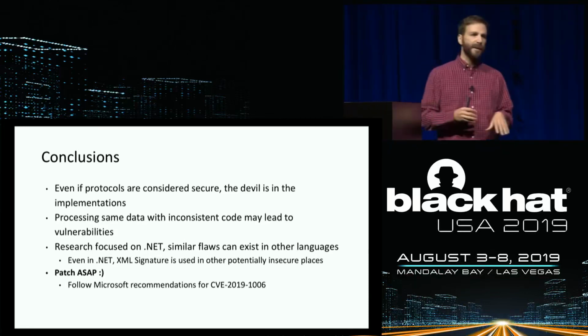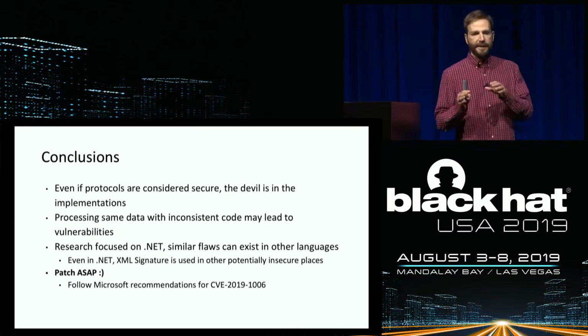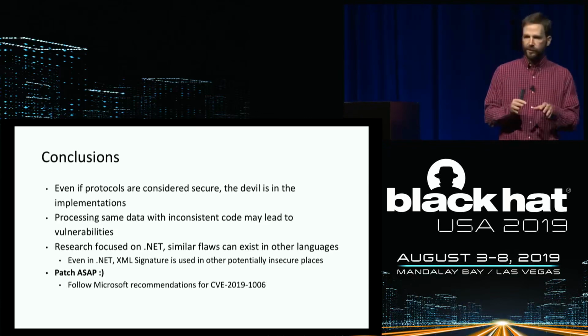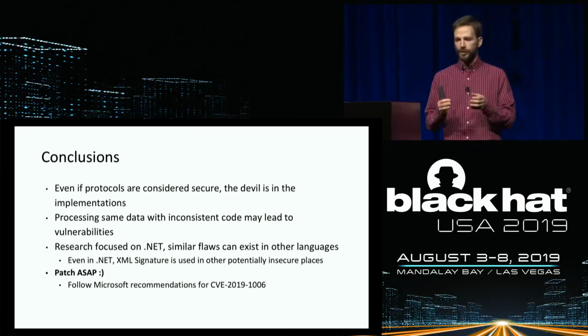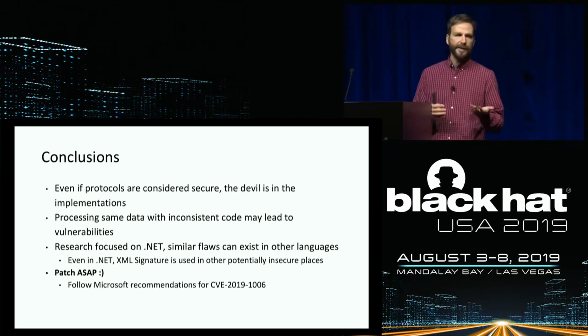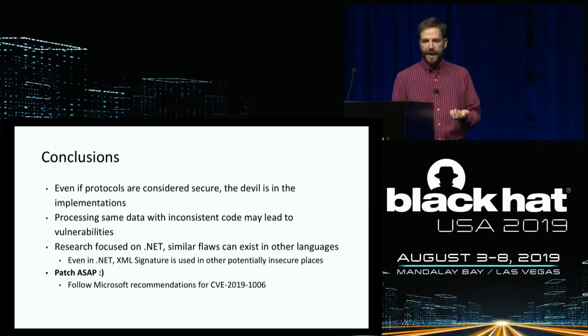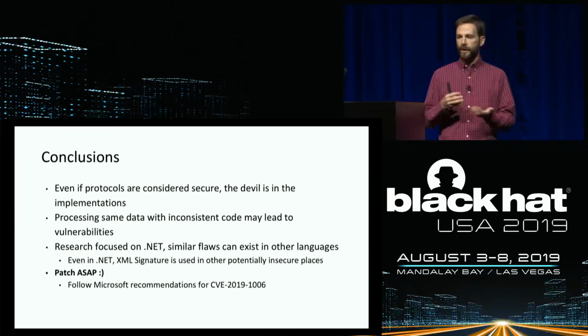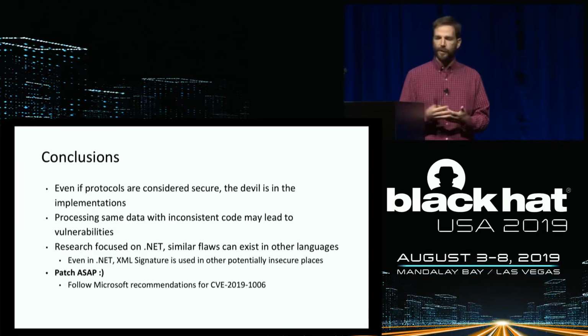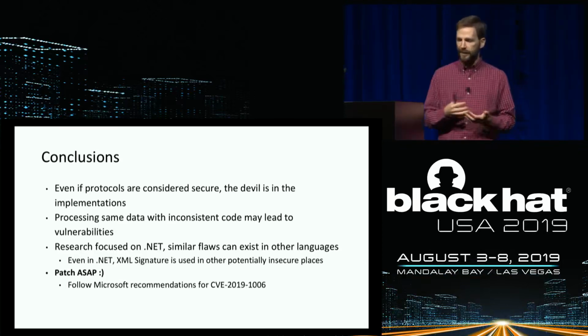Even in .NET, remember this is a bug that is affecting the verification of XML signature, not only SAML assertions. So even in .NET, XML signature is used for many other purposes. And we found a couple of cases where it was also insecure. We reported that to Microsoft and they patched that, but there may be others.